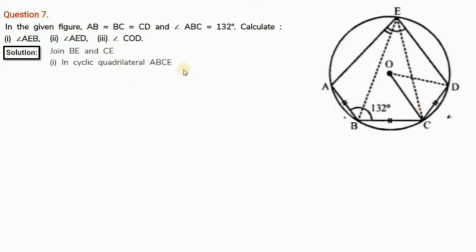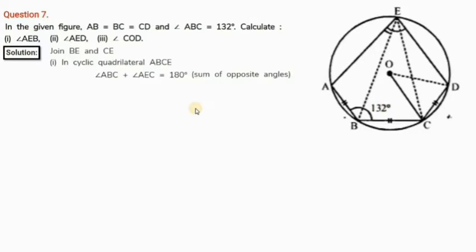Now in cyclic quadrilateral ABCE, let us see where is ABCE. We are not seeing this part D here. Here ABC plus AEC, ABC is this and AEC is this one, the sum of both of them will be 180 degree because they are opposite angles of the quadrilateral.